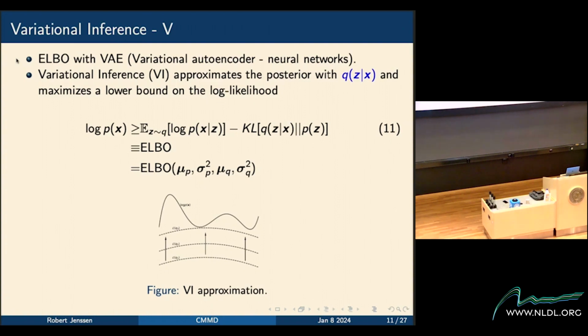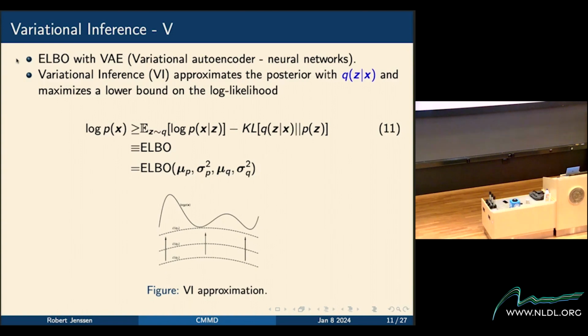So now we will use the ELBO cost function, but with what we call an autoencoder, an encoder-decoder network kind of structure that will do the job of setting up an optimization framework. And then something strange occurs here. Why did I suddenly write the ELBO as a function of mu and sigma, mu with respect to the p, mu with respect to the q, which is our variational distribution?